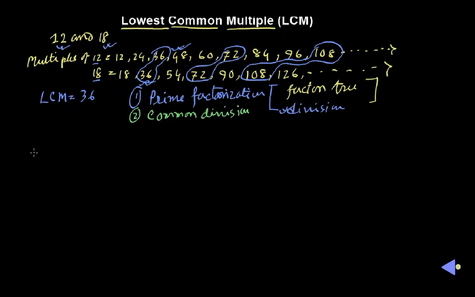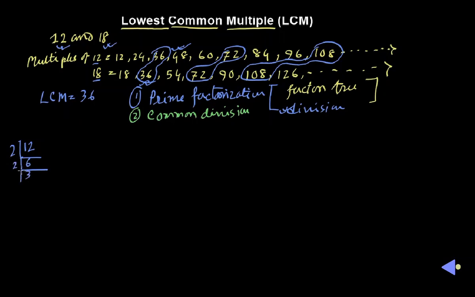Let us take 12. We divide it by the smallest prime number. Since it is an even number, we divide it by 2, and we get 6. Again it is even, so we divide by 2 again.